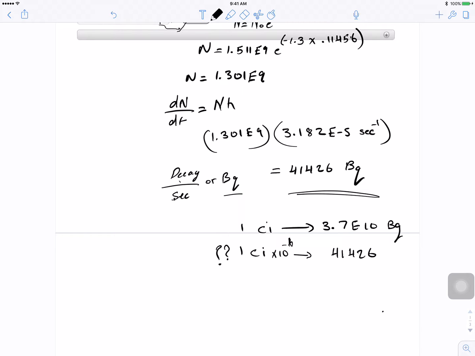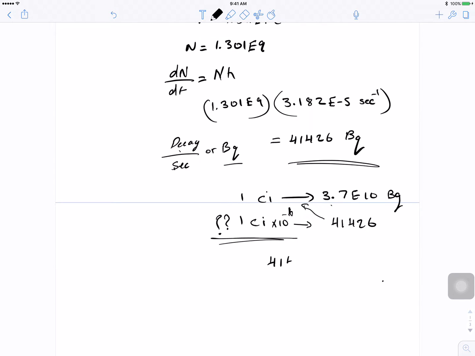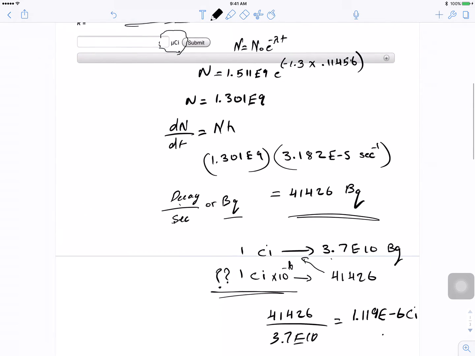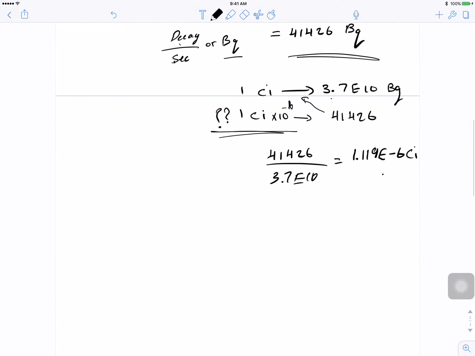They want to know how much 41,426 is in here. Okay, so multiply times this divided by that. So 41,426 divided by 3.7 e to the 10. Okay, and for this one I got 1.119 e to the negative 6 CI, and they want it in micro, so the answer is just 1.119 micro CI. Cool.